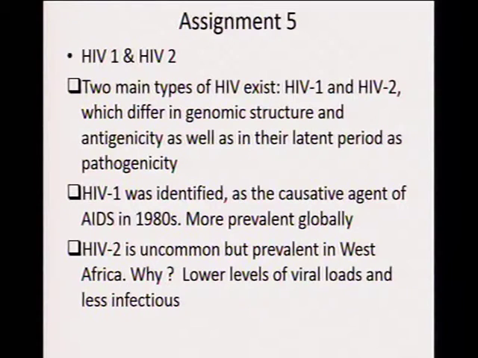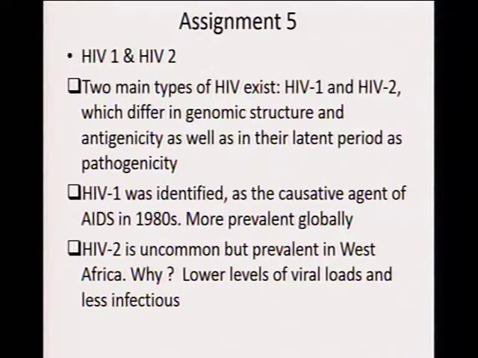Now, in your assignment, you will see I asked the question why. You have to discuss why HIV-1 is more prevalent in sub-Saharan Africa and HIV-2 more prevalent in West Africa. Then you have to give me some factual information.